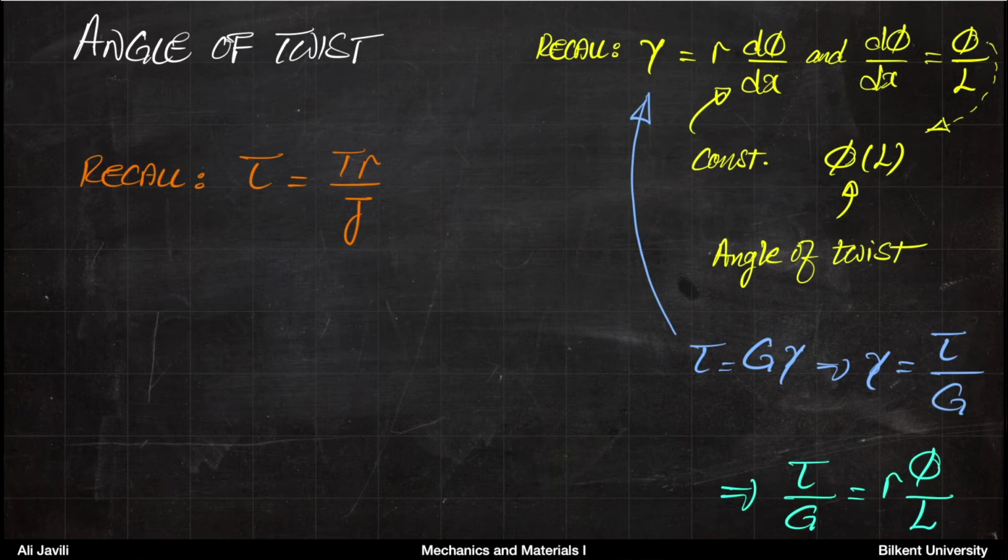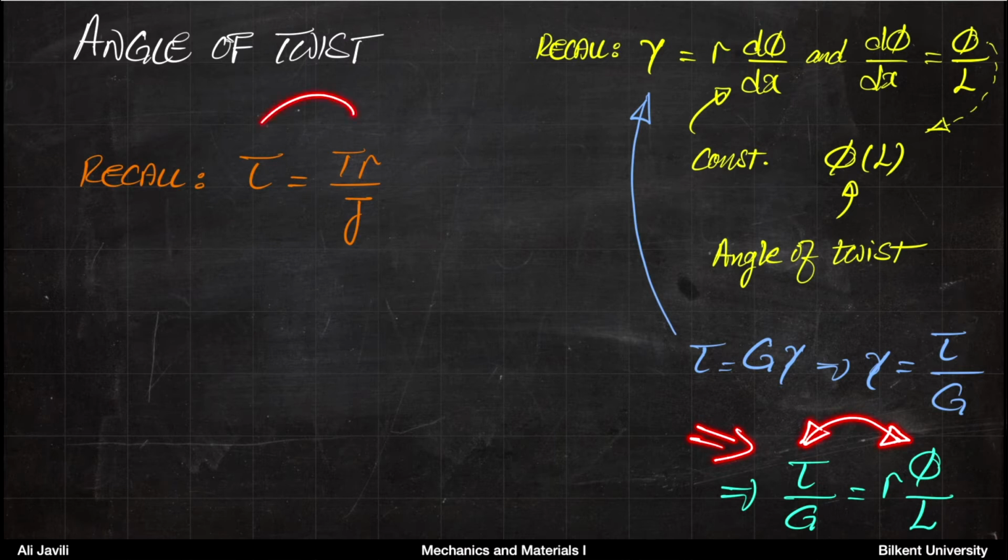In order to do that, you should also connect the shear stress to torque. So if you remember from the previous lecture, and also we talked about it in the first half of this lecture, shear stress tau is TR divided by J. So you have a relation here between shear stress and phi.